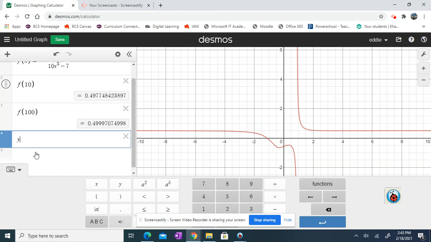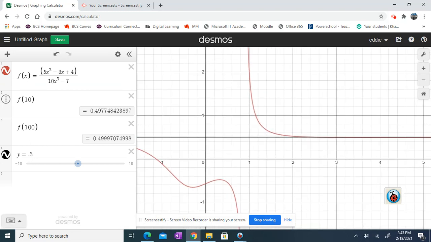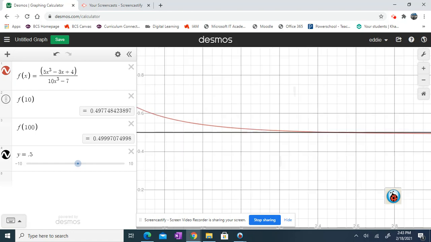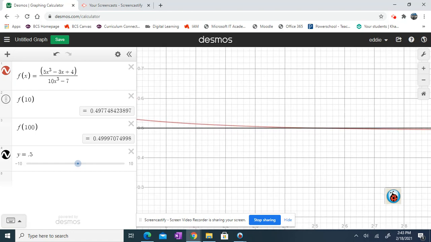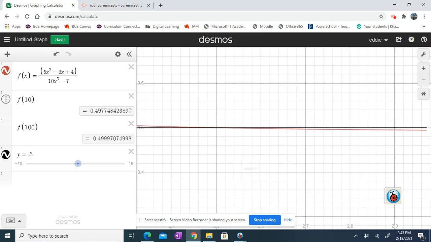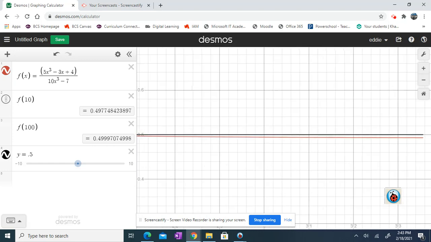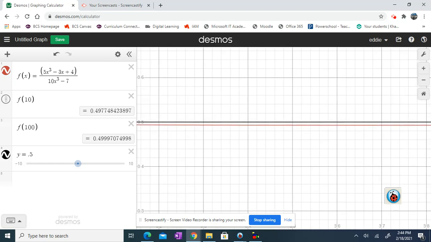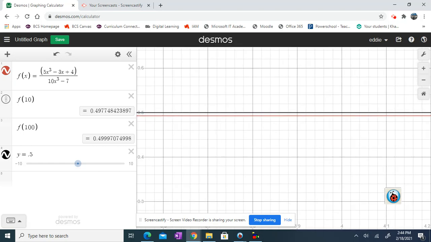I can go ahead and graph that line, y equals 0.5. Here's the line it's approaching. I can zoom in on it a little bit to see what's going on. You can see somewhere around here that it crossed. It was approaching it and then it crossed it. Then as it goes out, it's going to get far away, but eventually it's going to start coming up towards it again.